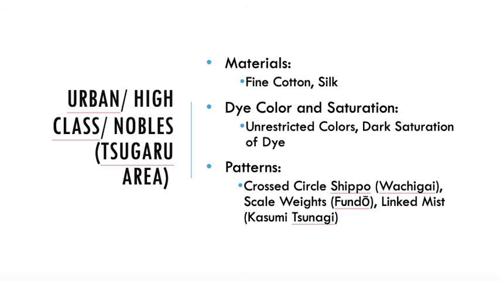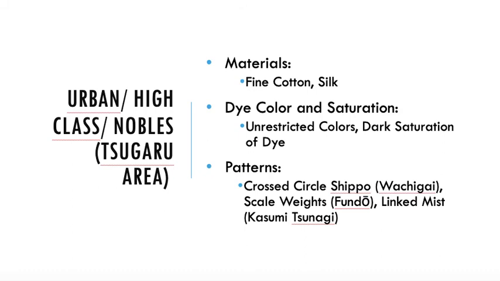Some of the patterns that were exclusive to the high-class people were the cross-circle shippo, the wachigai, the scaled weights, or the fundo, and then the linked mist, kasumi tsunagi. The cross-shippo wachigai was explicitly forbidden for common people to use.